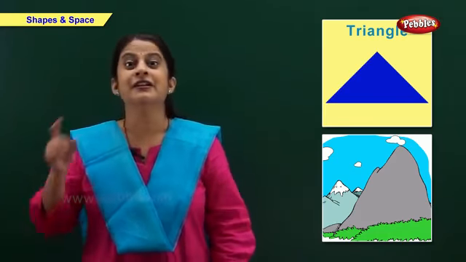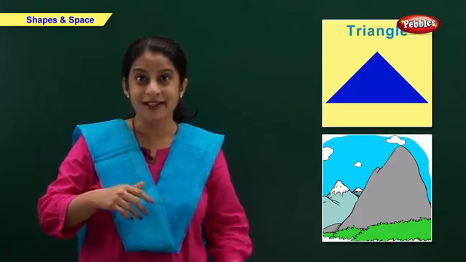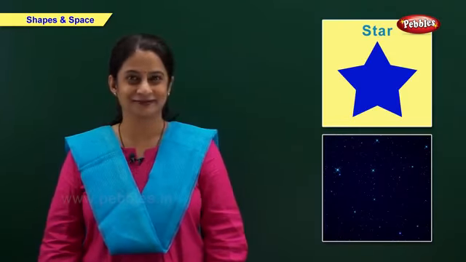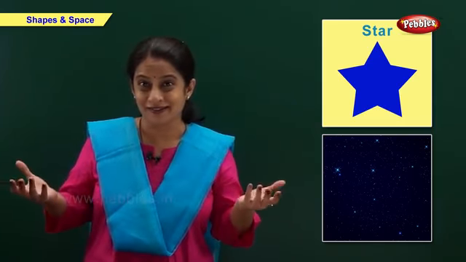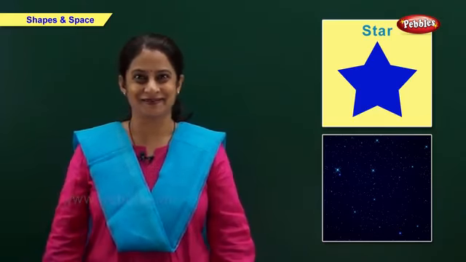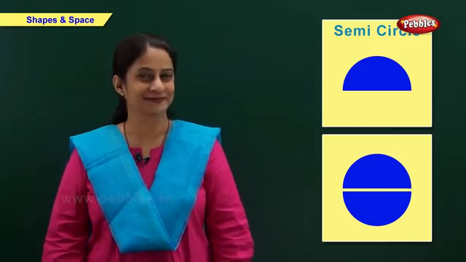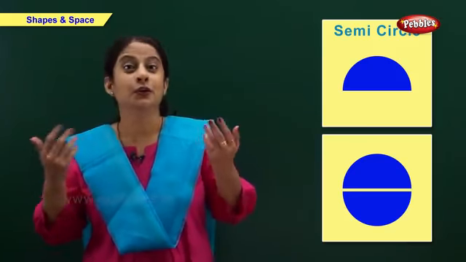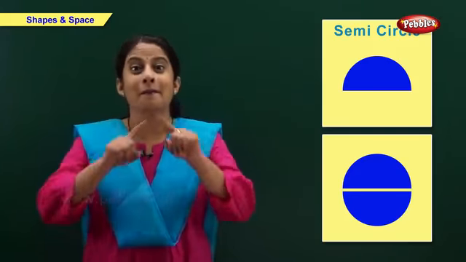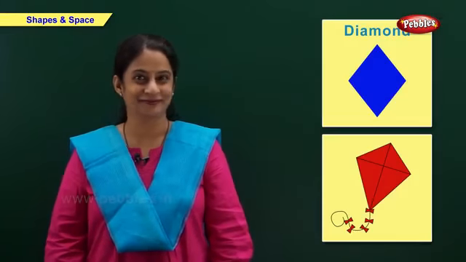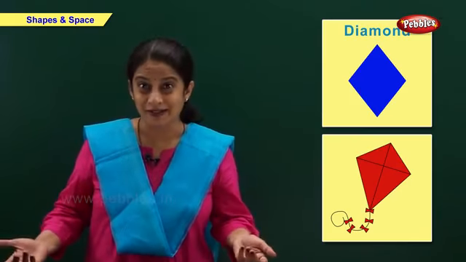Triangle. The shape of this mountain is like a triangle. Star. There are many stars in the sky. Semicircle. Two semicircles make a circle. Diamond.